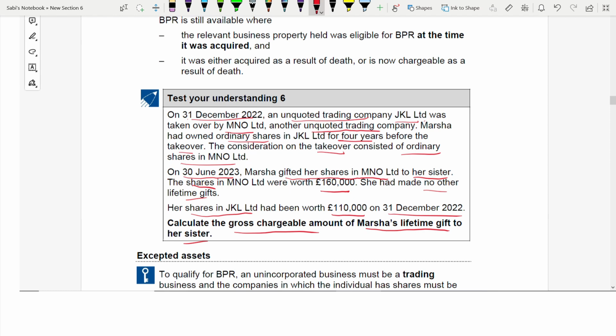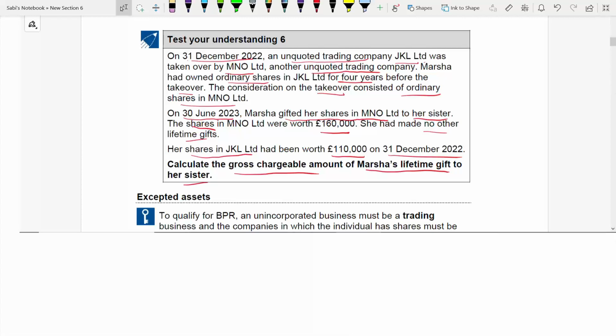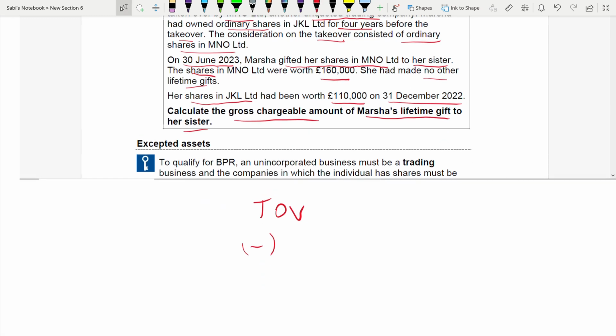So tell me, how much? Before you do any calculation, gross chargeable amount. Gross chargeable amount simply means you have to find the transfer of value, then deduct exemptions. You have to deduct BPR before you deduct any other exemption. We have the annual exemption, 3,000 of the current year and 3,000 brought forward.